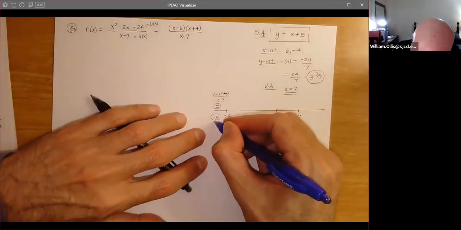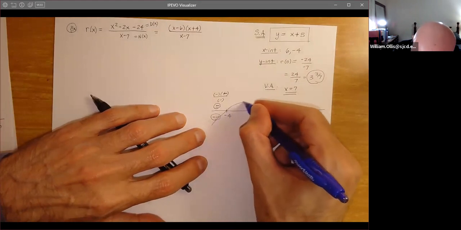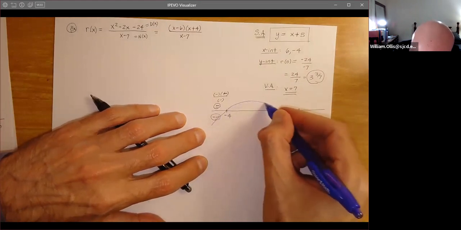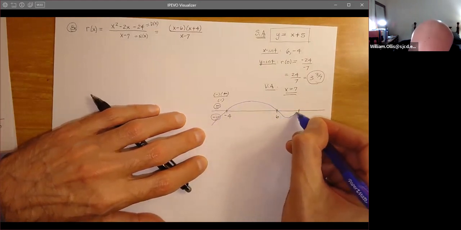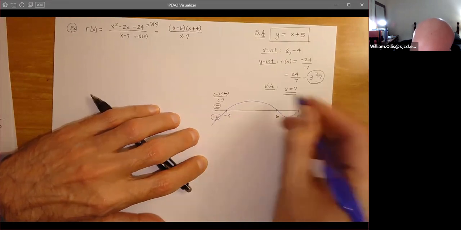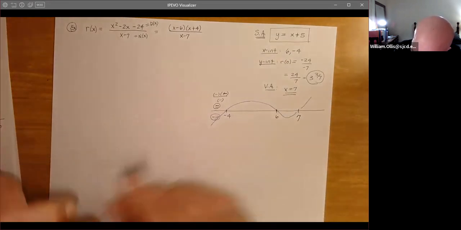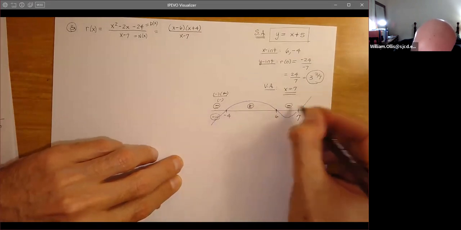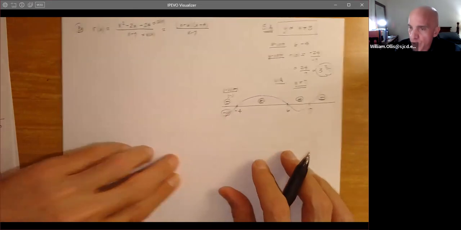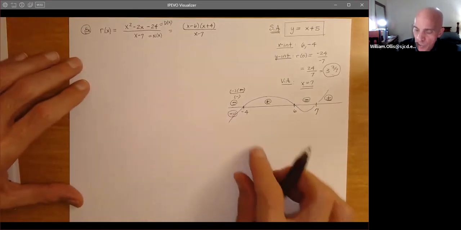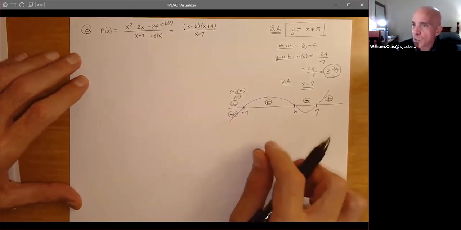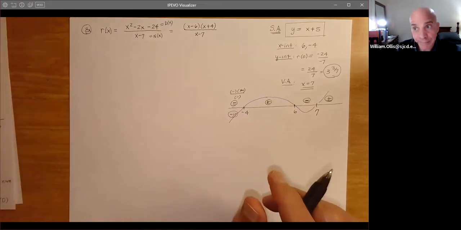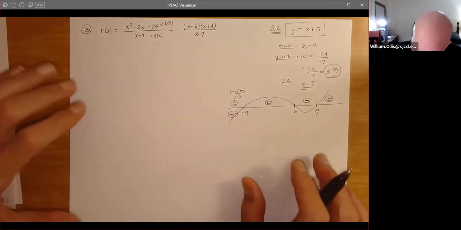So we cross at -4, and then at 6 we cross, and then back up, but no real cross there. So we've got below, above, below, above. That multiplicity is very useful. So you just test 1 and then use the multiplicity from here on out. Not a bad way to look at it.